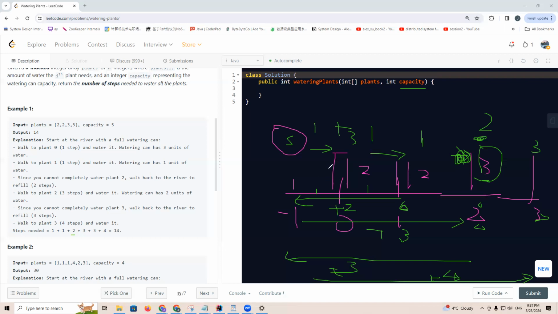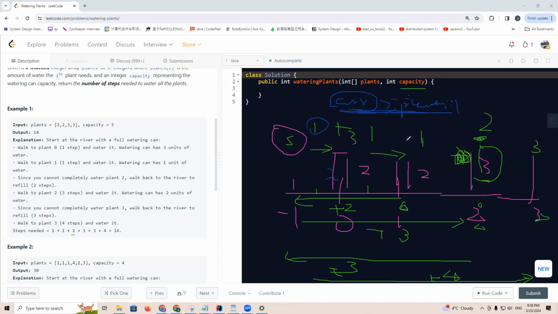For every index, we check, using a variable called current, whether our current water is greater than or equal to plant I, right? If it is, then we take 1 step, and also current minus equals plant I.